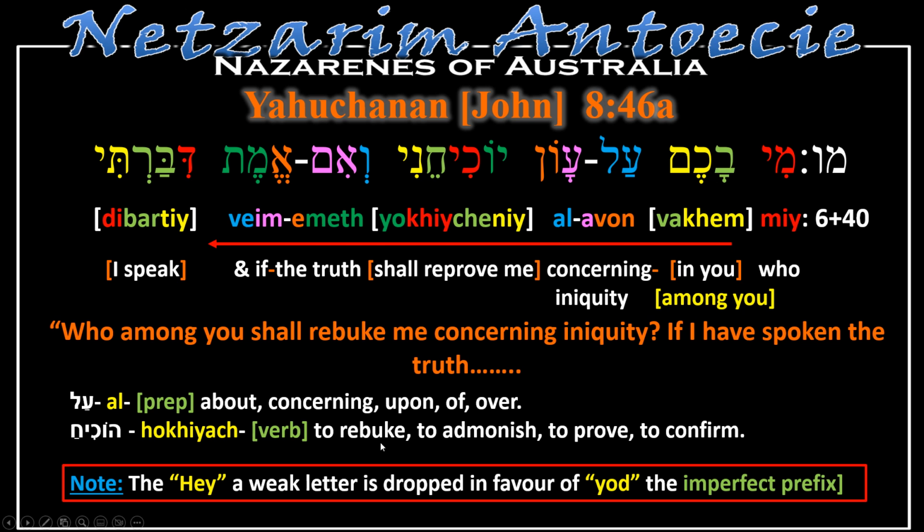But in this case, it's to rebuke or to admonish. And they've added the yod there and dropped the hey. So if we look down here, I've got here the hey, a weak letter, is dropped in favor of the yod, the imperfect prefix. So it's an imperfect, and that's why we have shall. Reprove me. The im and if emet, the truth, the bar t, I speak.